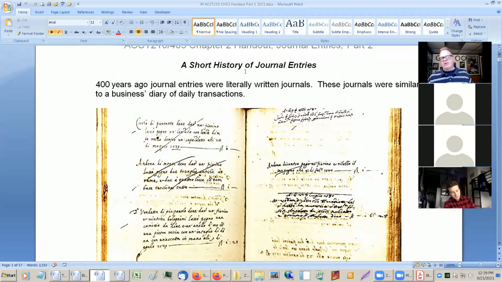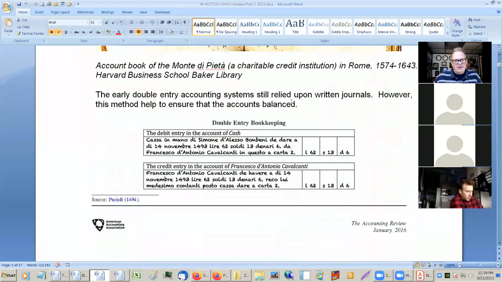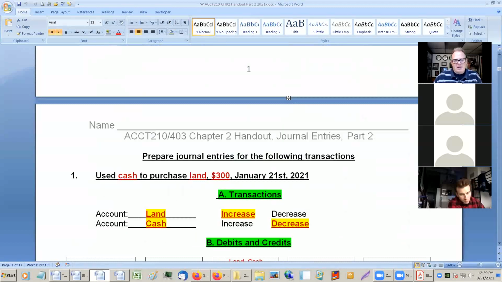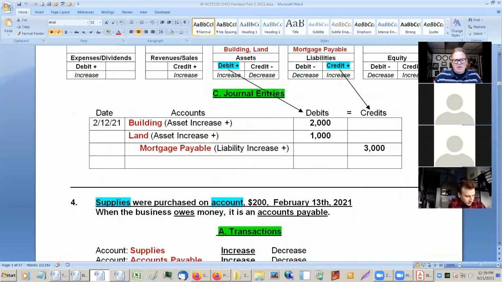Over time, they evolved or devolved into: what are the accounts we need, the amount, and go on. So it's a very condensed shorthand is basically what we end up with. They're still called journal entries as a holdover from when we used to write journals. Not done so much anymore, at least in accounting.